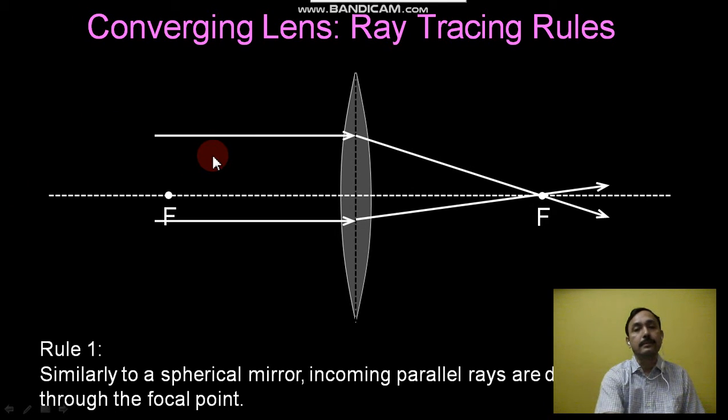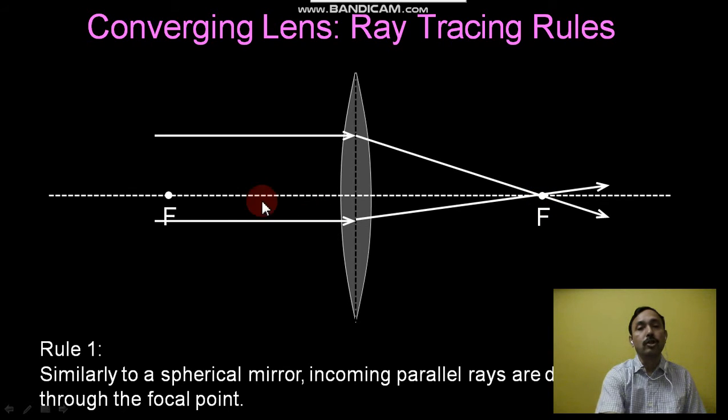Now, when parallel rays are falling onto the converging lens, we know that these rays will pass through the focal point. These parallel rays are parallel to the principal axis and the focal point is lying on the principal axis.